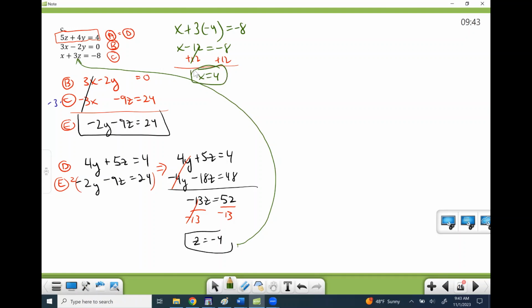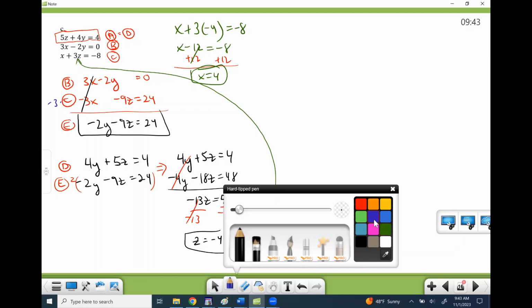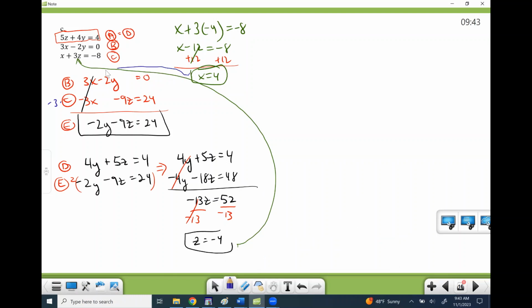All right. So then now we just got to get the y, right? And you could really go anywhere to get the y, you guys. Doesn't matter. So I don't know, let's say that we do this. What if we substitute the x in right there? Because that equation has a y. So 3 times x, so 3 times 4 minus 2y equals 0. 12 minus 2y equals 0.